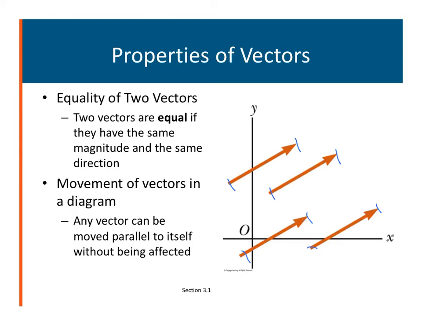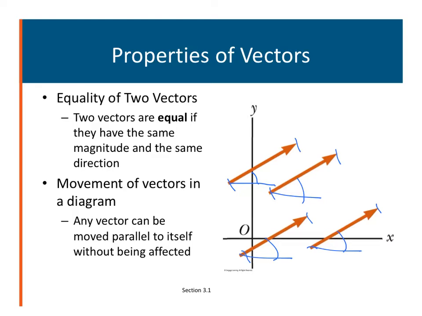In order for these to be equivalent, they have to have the same direction or orientation. And so if you investigate these and look at their orientation with respect to the horizontal, all of them are at the same angle. Another way to look at it, these are parallel vectors, so they're in the same direction.